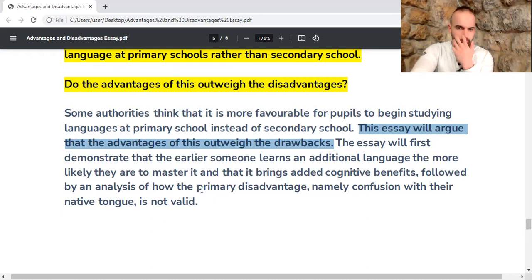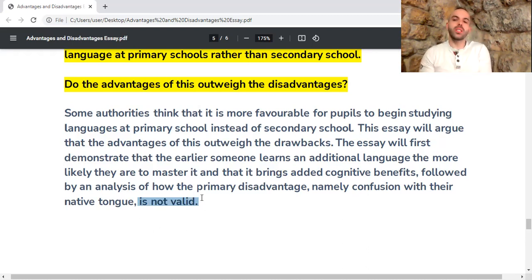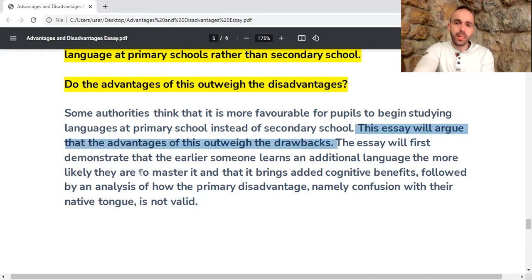So let's continue. Followed by an analysis of how the primary disadvantage, namely confusion with the native tongue, is not valid. That's very important. Why did I actually write is not valid? Guess why? Because I did already mention in the thesis statement that advantages outweigh the drawbacks.